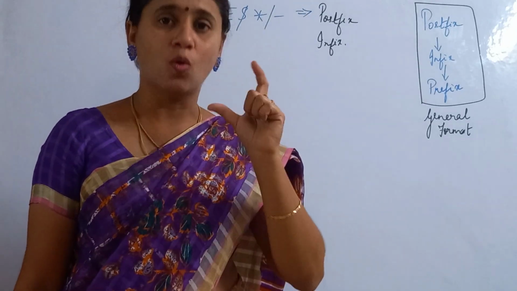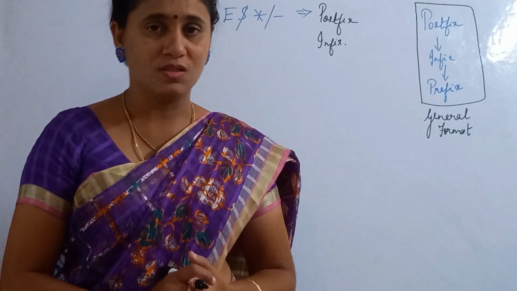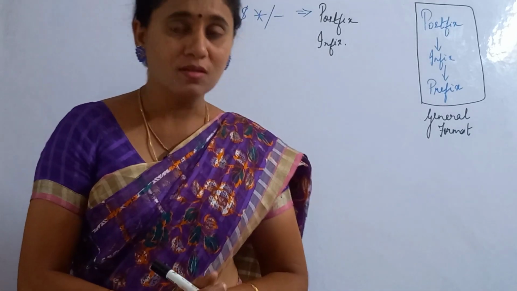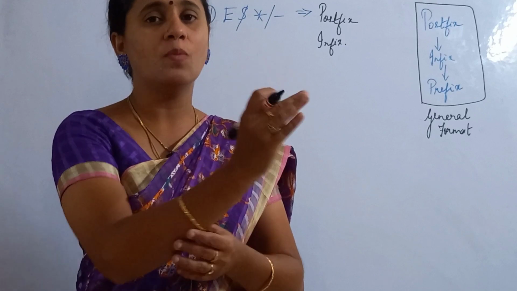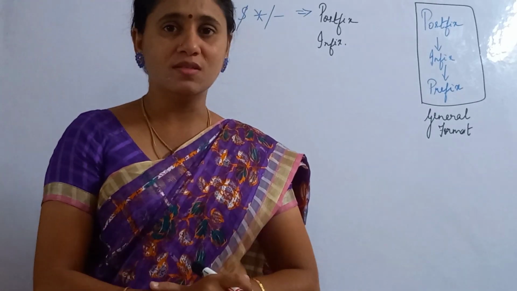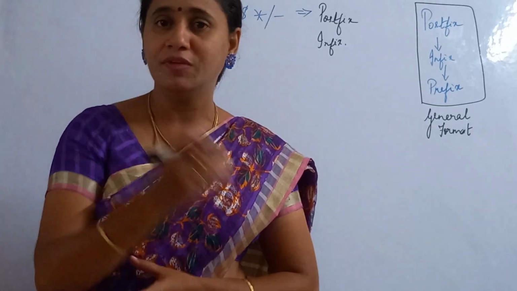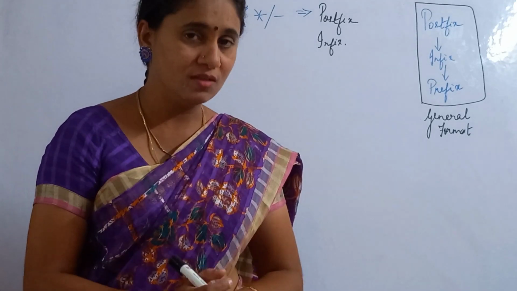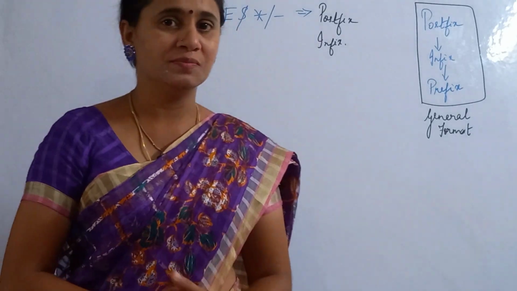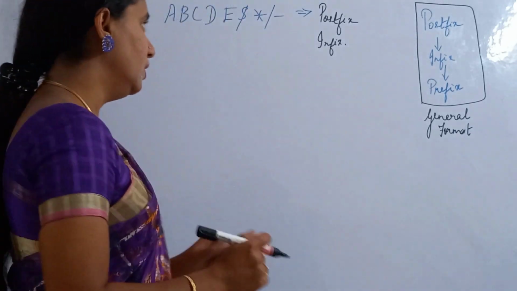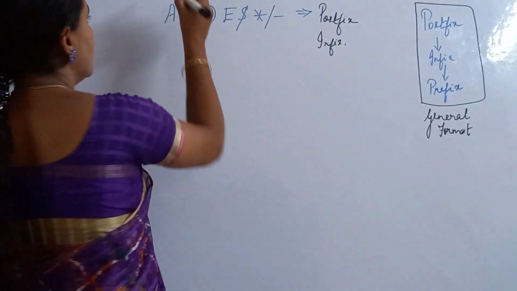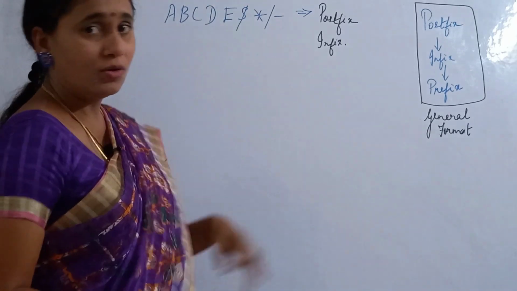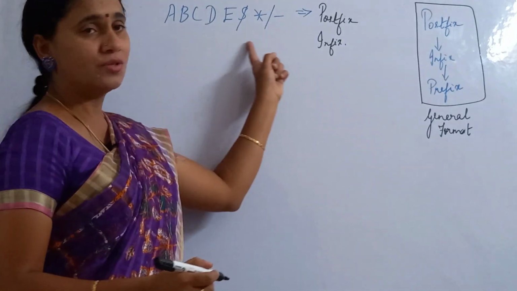Once you have found the operator, stop the search. The next rule is you shift to the right of the nearest operand. I have explained this in the older videos, friends. Please watch it and then come back. Now I want to start from the left. So this is my left, isn't it? Start from here. I am going to start searching for the operator.